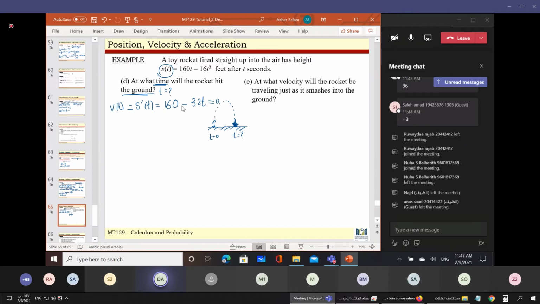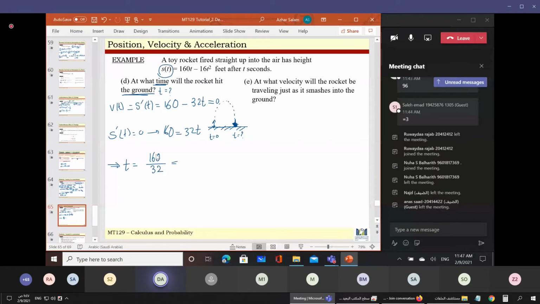So I will solve this equation for 0. s dash of t equals 0, so it will be 160 equals 32t. So t is actually 160 divided by 32. What's the value here?